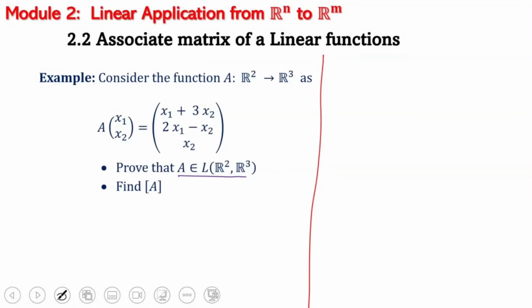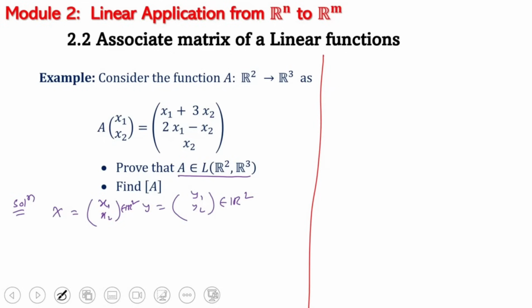First we have to show that A is linear. Therefore let x equal (x1, x2) and y equal (y1, y2), and both x and y belong to R2.